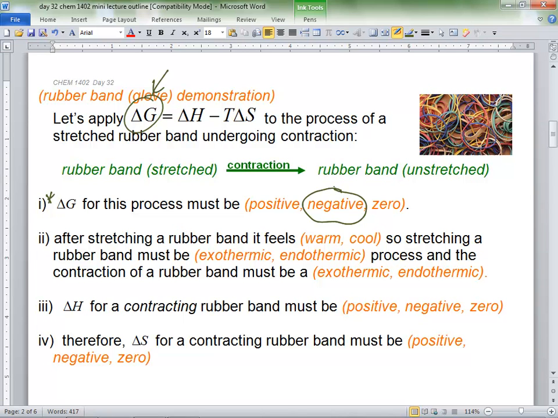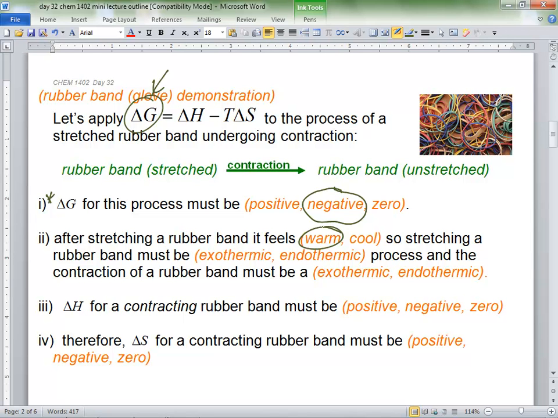After stretching a rubber band, it feels, okay, so you have to stretch it. Yeah, you sure you felt it, right? It feels warm, right? So stretching a rubber band must be, right?